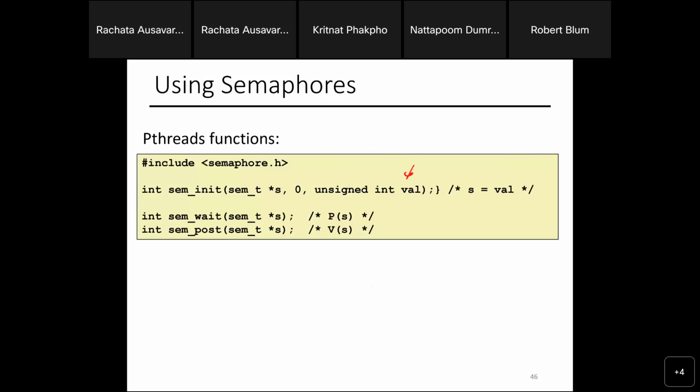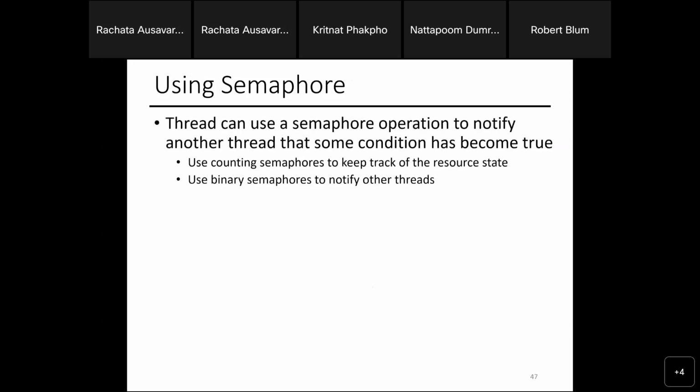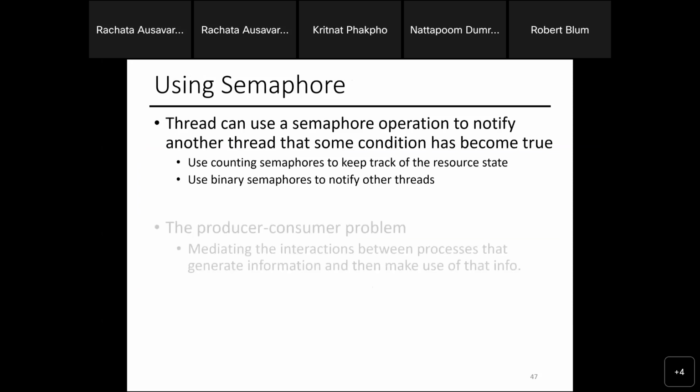Let's say I use 2, that means 2 can enter. If I put 3, the counter will start from 3, then 3, 2, 1. That will be the limit. And threads can use a semaphore to notify other threads that something has become true. There's a counting semaphore, which is what you see, and you can use a binary semaphore to notify other threads as well.